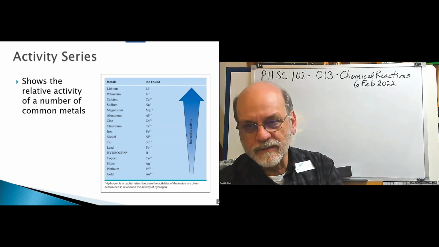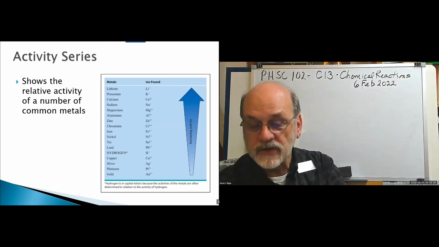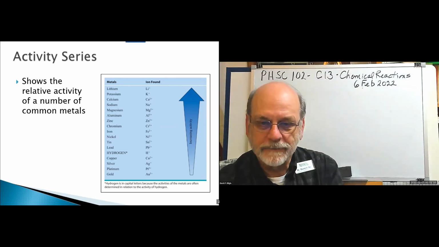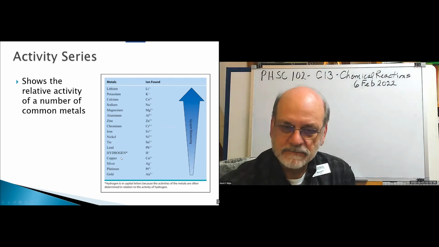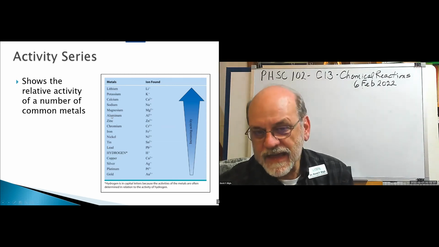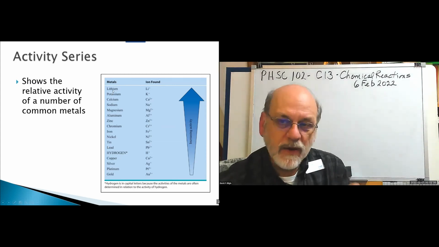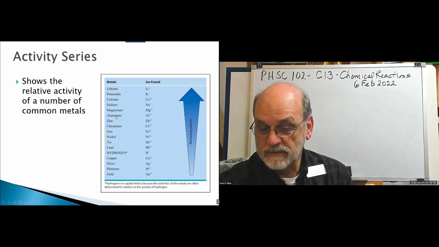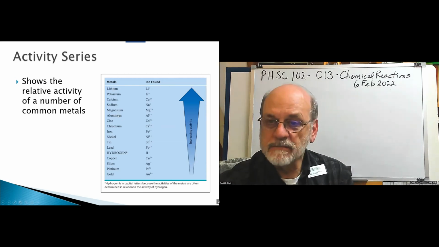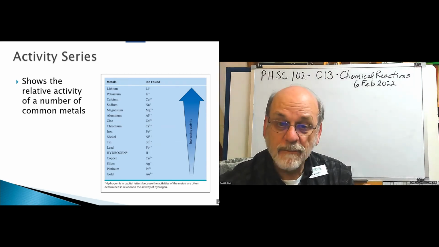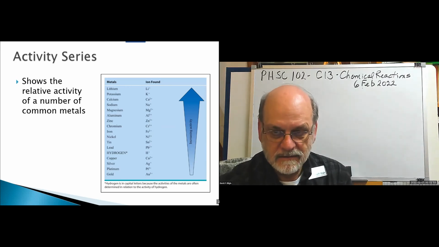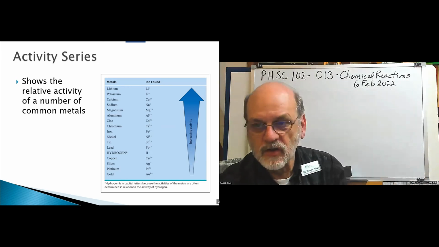But we don't have time or the requirement to do that in here. So we're going to discuss them in terms of activity only. If you're comparing two metals, say lithium and aluminum, lithium is the more active metal. So that means if aluminum is in a compound, lithium will replace it and release the aluminum.